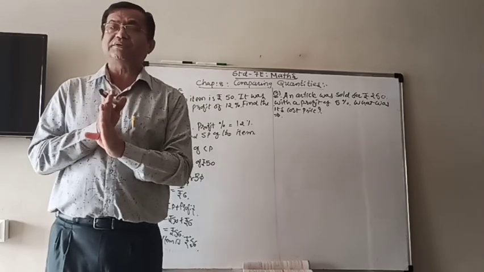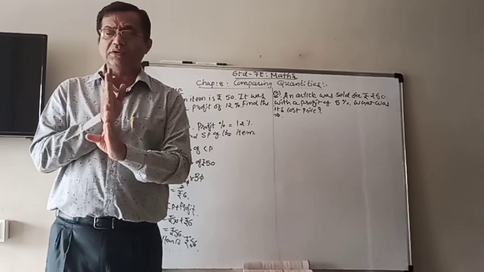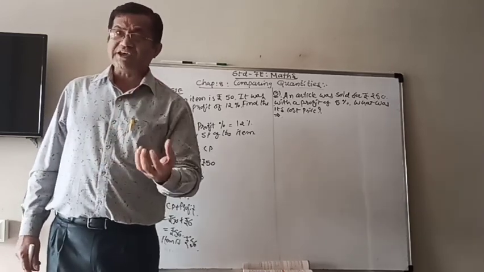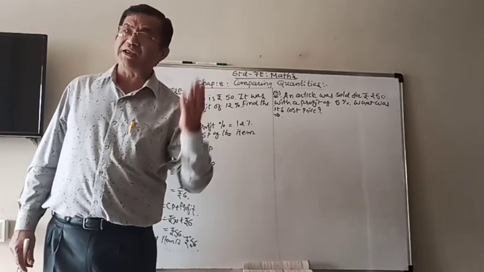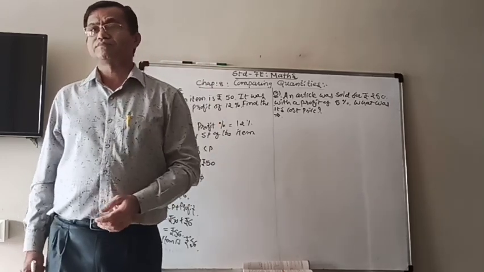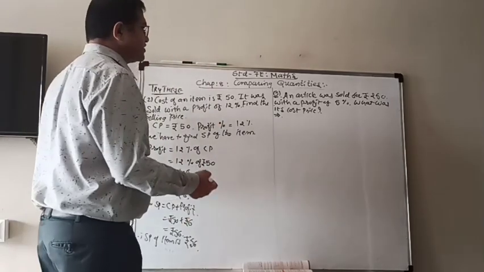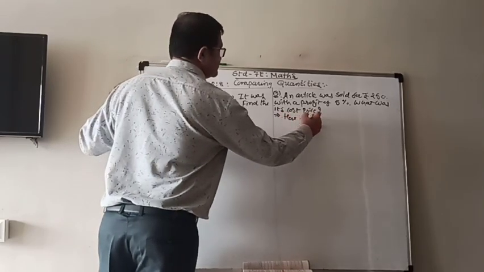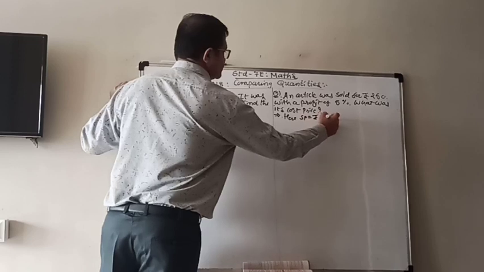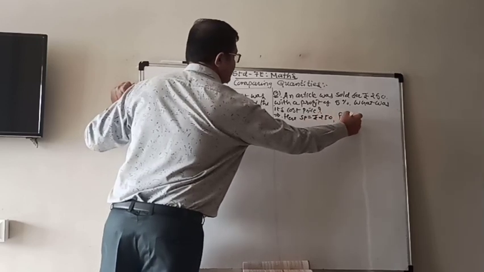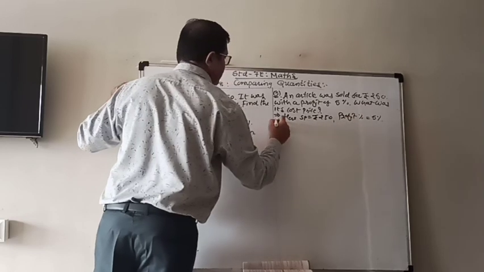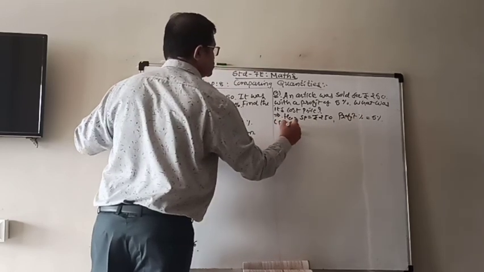So make a habit that whenever you see the question, read it carefully and check what is given and what to find and what can we do. So here SP is given. Here SP is equal to rupees 250. Profit percentage also given 5%, and CP is to be found.